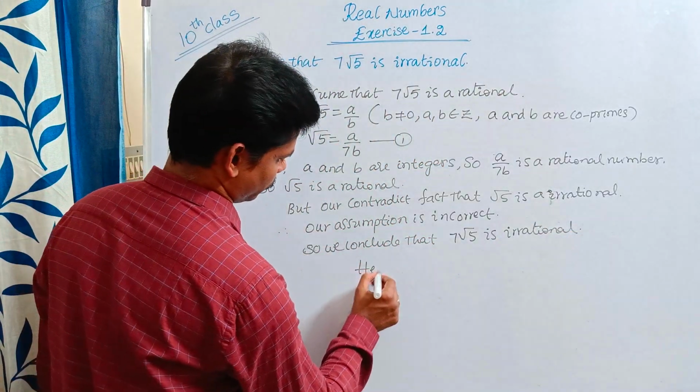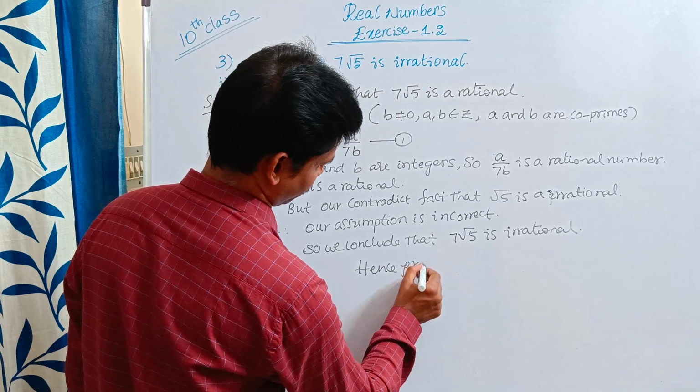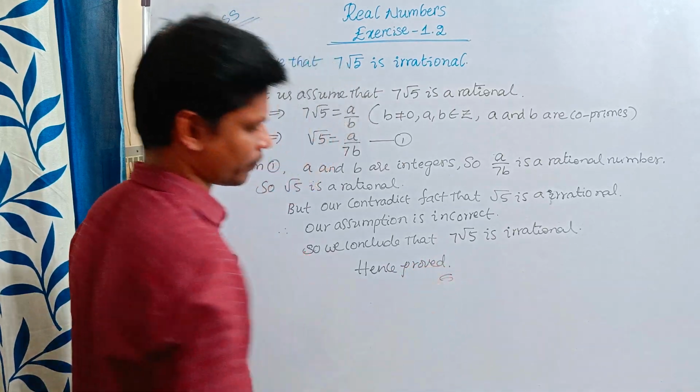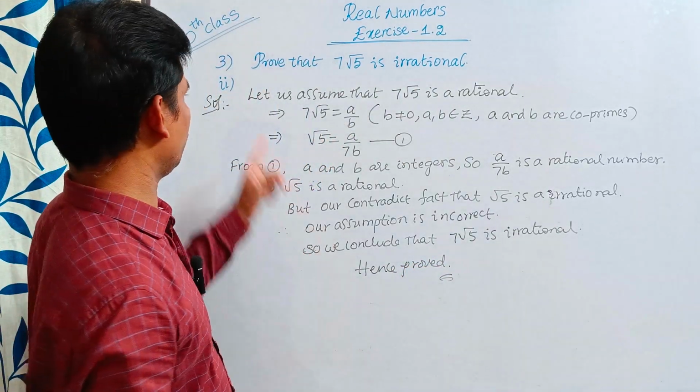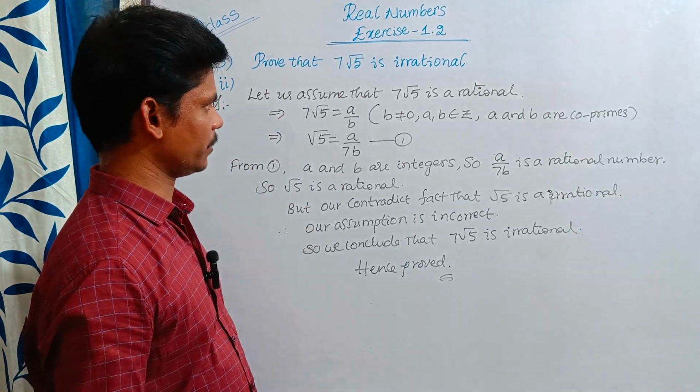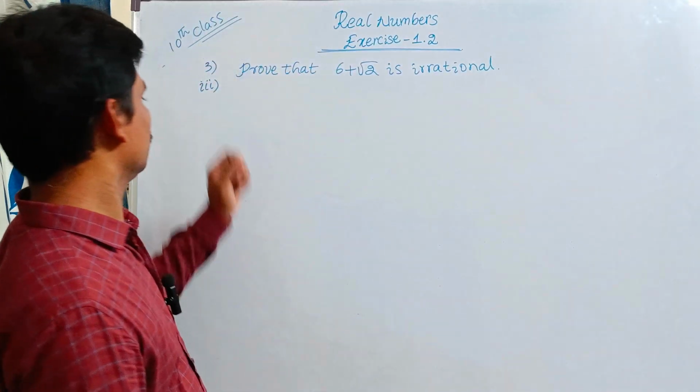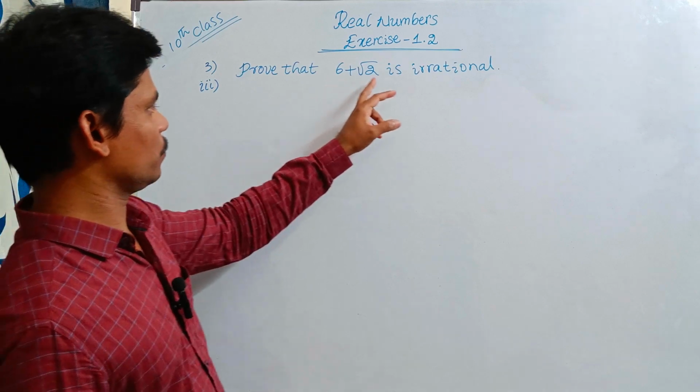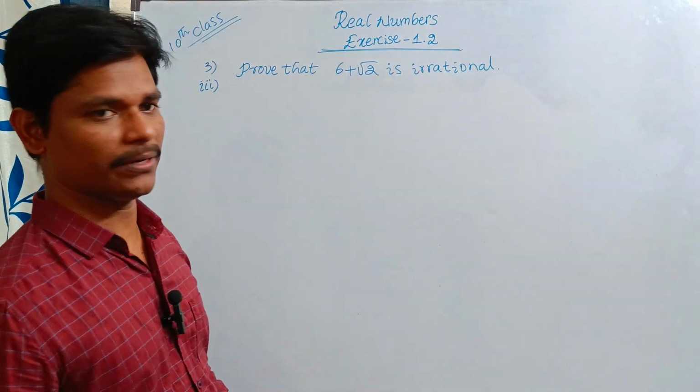Hence proved. Okay. So this is about the third Roman second question. Next question. Prove that 6 plus root 2 is a irrational number.